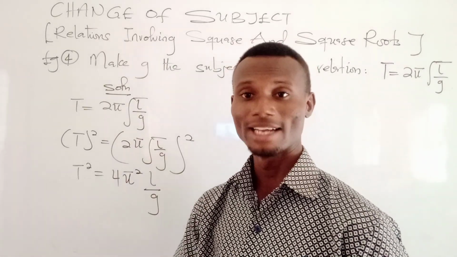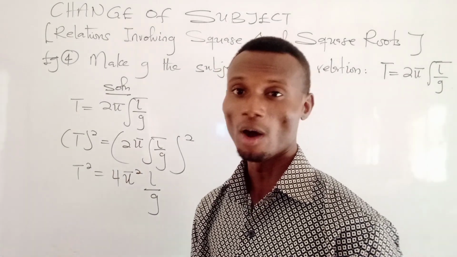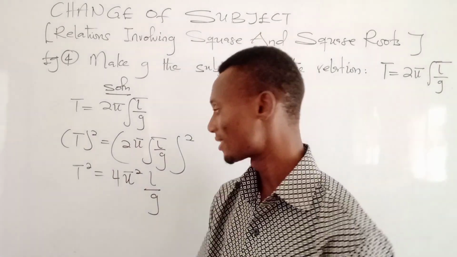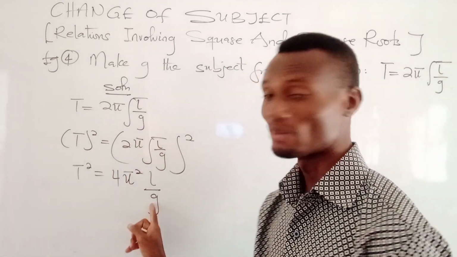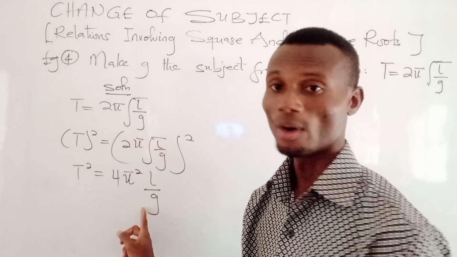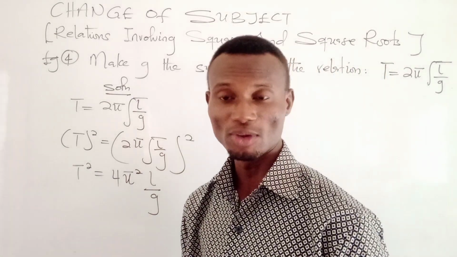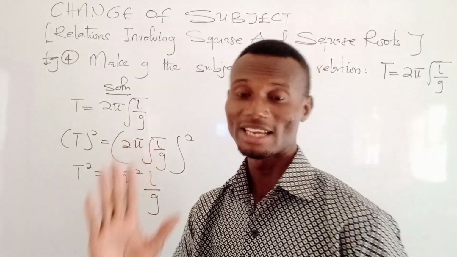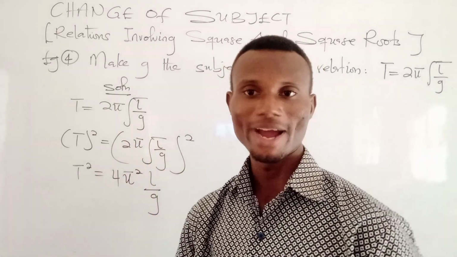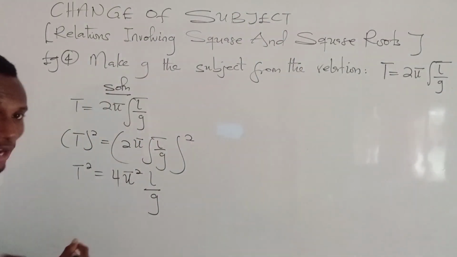So you can just search for my videos on linear equation, and it will help you better understand this one. But it's not difficult. The LCM simply is the denominator, which is here, which is the G. So you are going to multiply through the equation by the LCM, which is G, because I've explained to you that anytime you have an equation that contains a fraction, you multiply through by the LCM. So the LCM is G, so let's multiply through the equation by G.